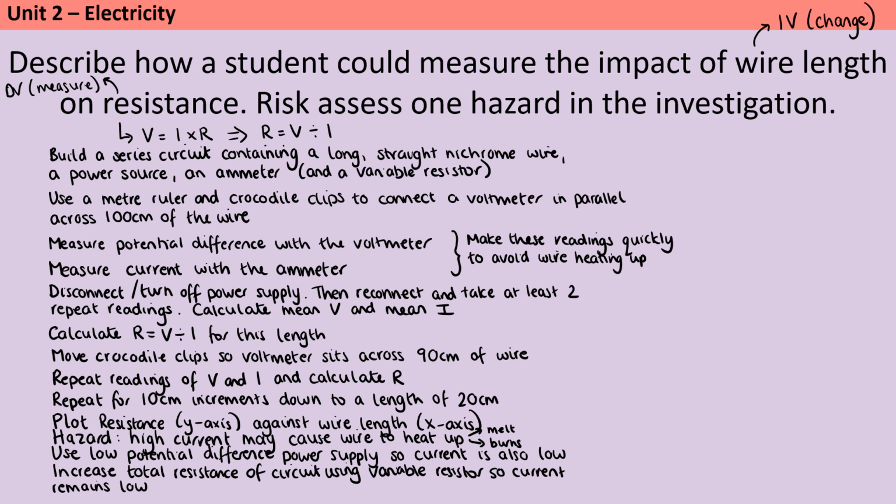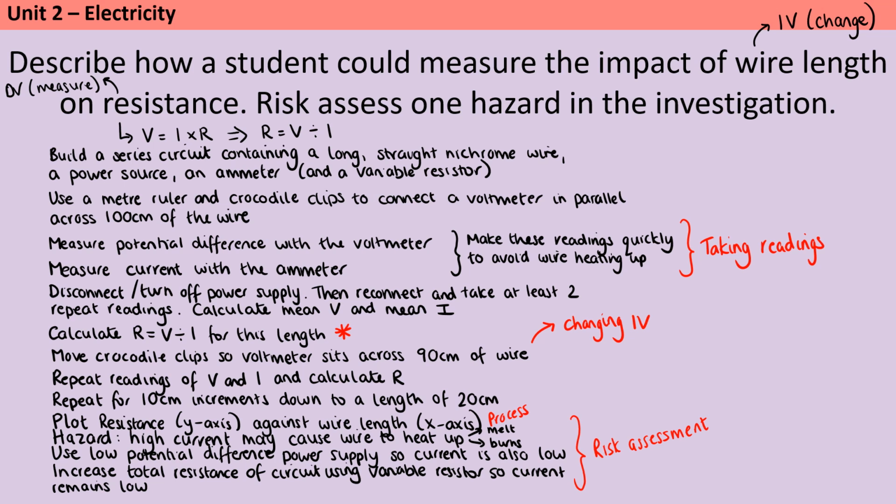So although your voltmeter is measuring just the resistance of the wire, which is coming down, the resistance of the whole circuit isn't changing, and that therefore means that the current stays the same and therefore it doesn't get too hot. In reality, I prefer the method where you're keeping the whole wire in the circuit, but you're just moving your voltmeter, but either one of those would work.